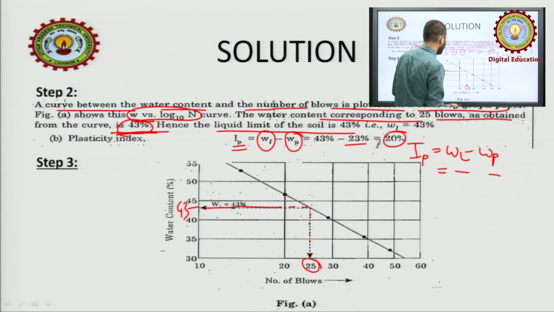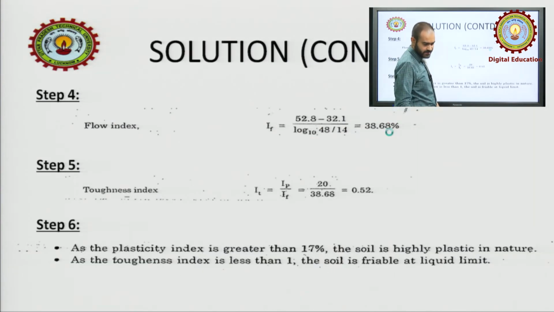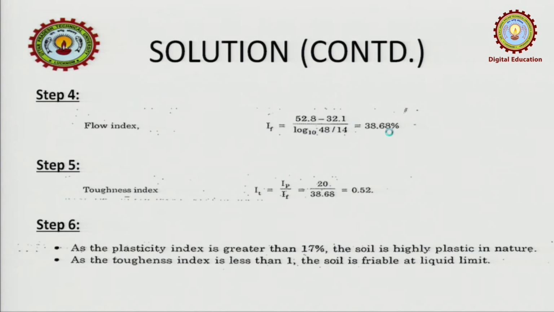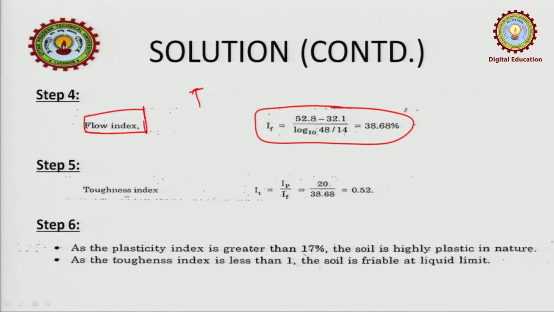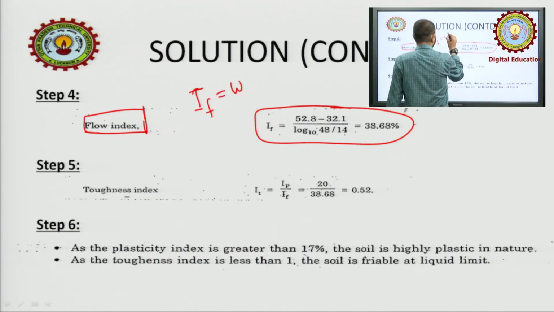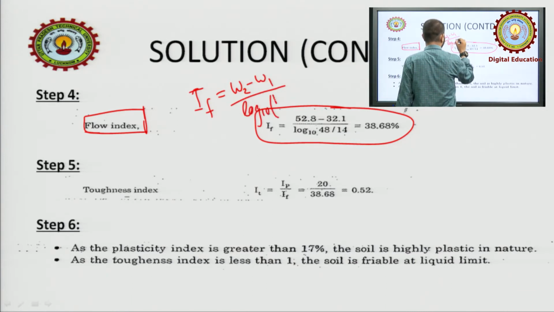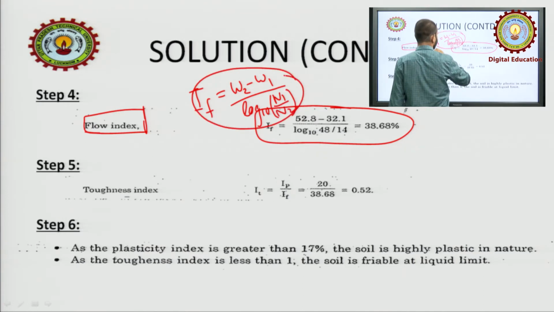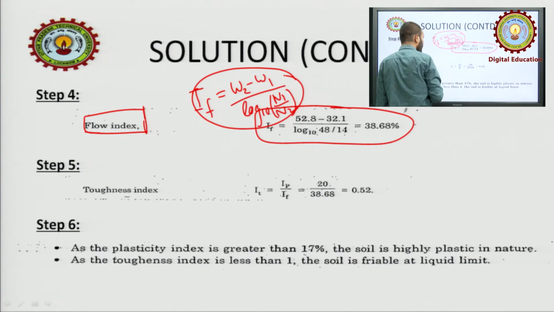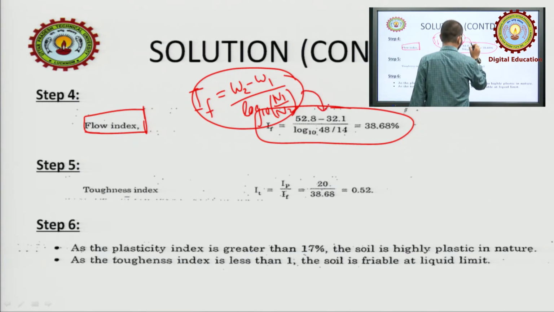IP is WL minus WP. So we can just subtract both of them to get 20% as the plasticity index. Then we have to find the other indices, such as the flow index. What was the formula? IF equals W2 minus W1 upon log base 10 of N1 by N2. So we have used it here.